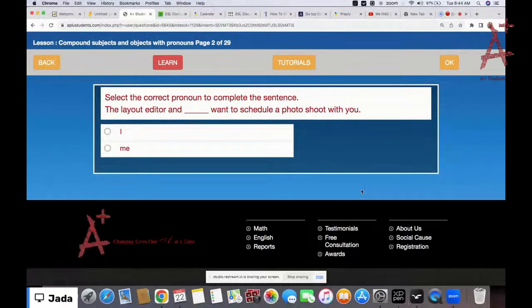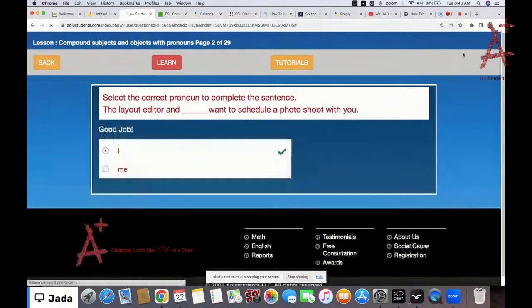Is it going to be "I"? You can remove the additional noun there. If you remove the layout editor, it's going to be "I." I want to schedule a photo shoot.